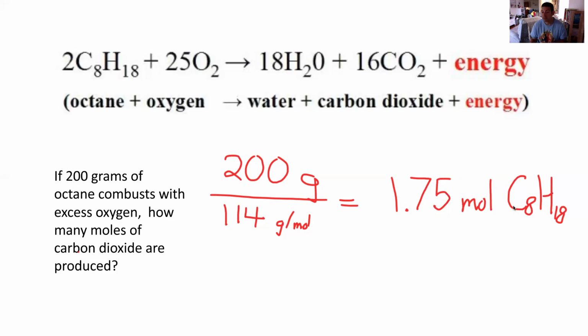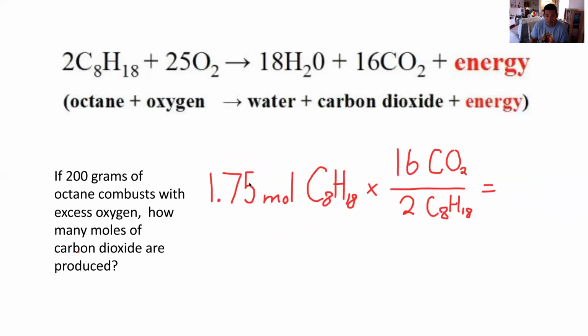Now I have 1.75 moles of C8H18, and I'm going to multiply that by the mole ratio. 16 carbon dioxides up top, 2 C8H18s on the bottom. All right, so now I can use the mole ratio because I have my moles. All right, so 1.75 moles of C8H18 times 16 divided by 2 gives me 14 moles of carbon dioxide.